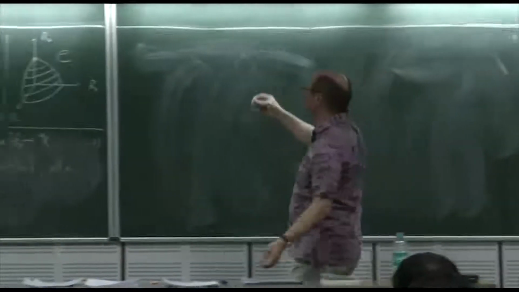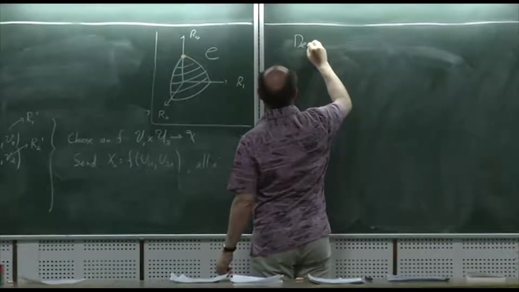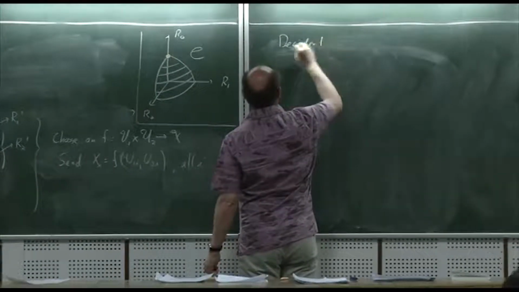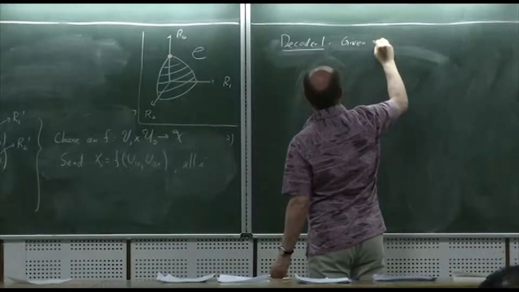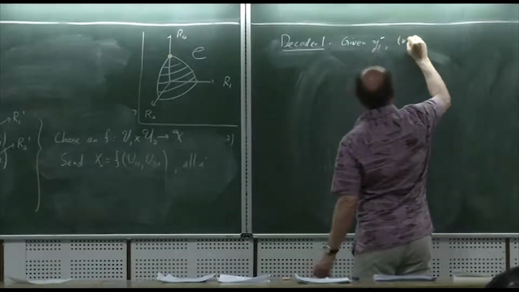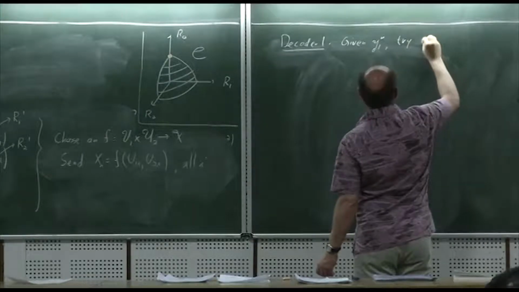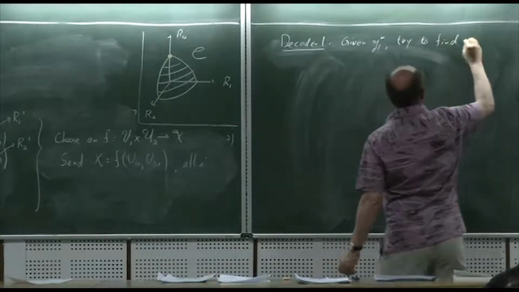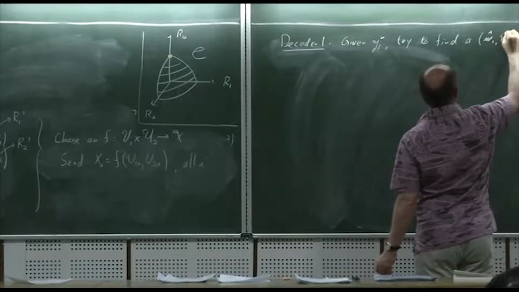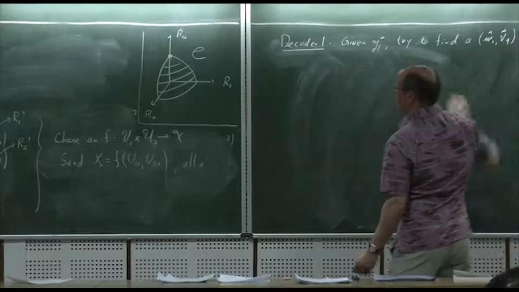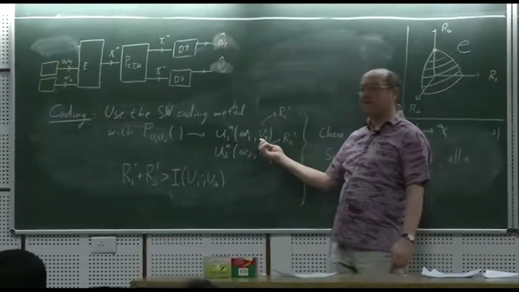What about decoder 1? That's left, right? Decoder 1. Well, just do the natural thing. Given y1^n, try to find a pair W1 hat, V1 hat. So what decoder 1 will do is it'll only try to decode what it's interested in, but also the binning point.